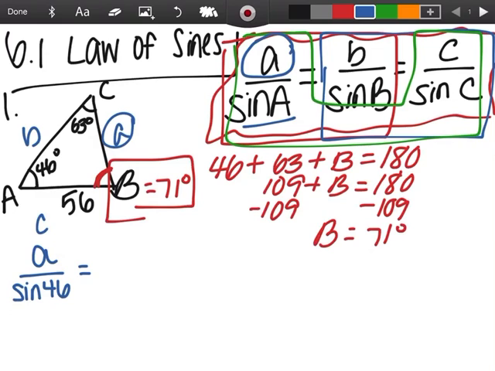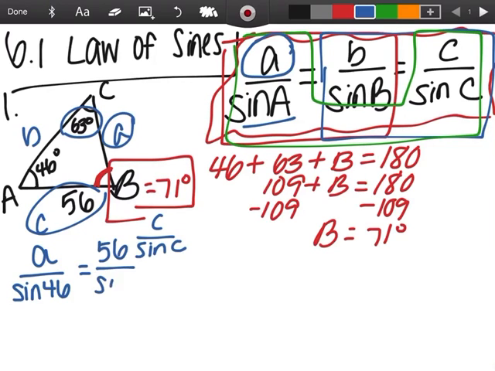I can set this equal to B over sine B or C over sine C, but I don't know side B yet. So I'm going to use the fact that I know side C and angle C: 56 over sine of 63.